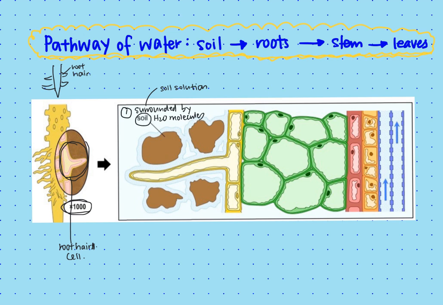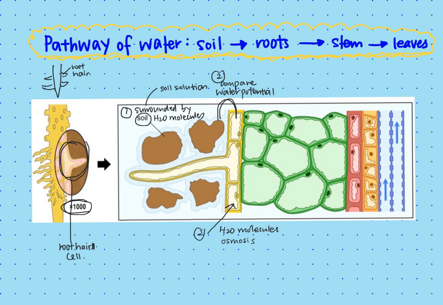After that, we continue to say that you compare the water potential difference between the root hair cell and the soil solution, the water potential number 2. After which you will mention that the water molecules will enter by osmosis.